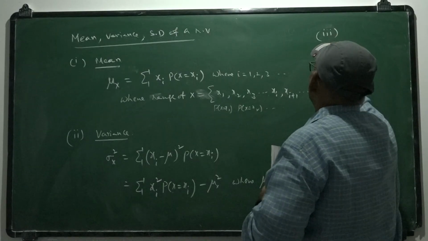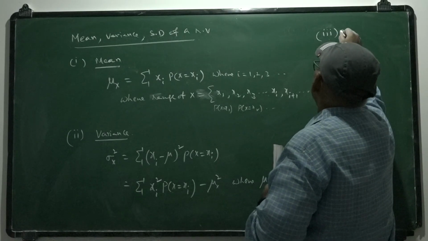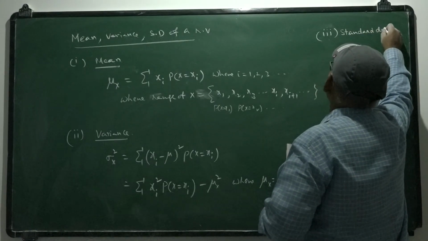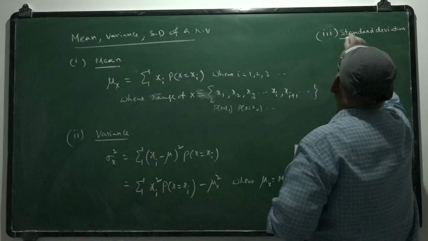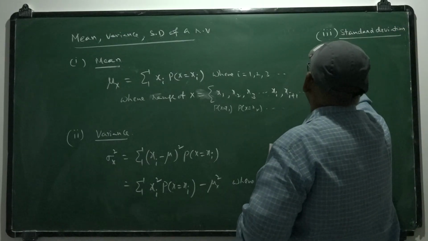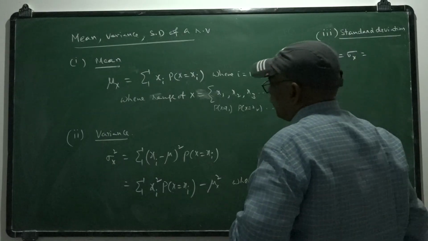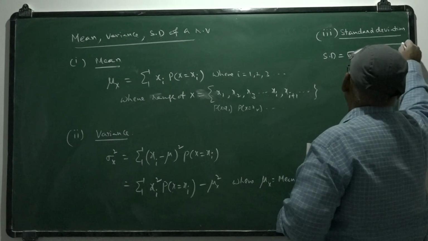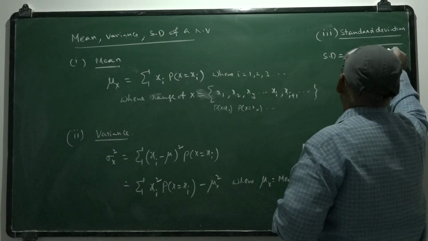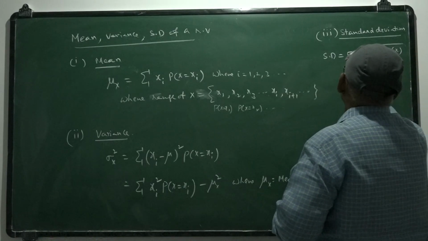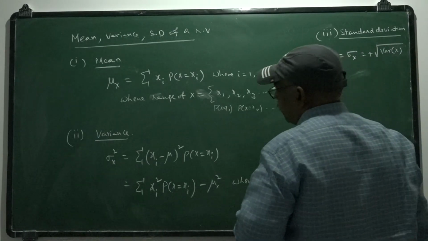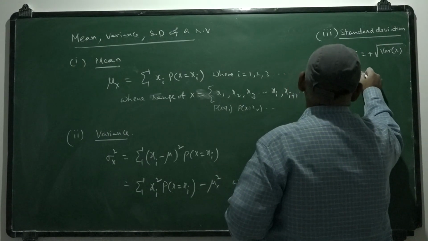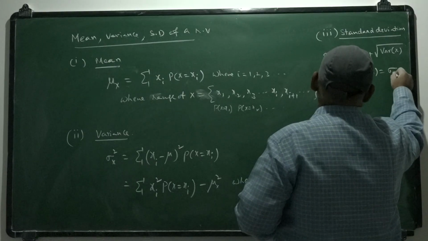The third one is standard deviation. SD is denoted by sigma of x. The standard deviation of random variable x is the positive square root of the variance of x, where variance of x is sigma square.